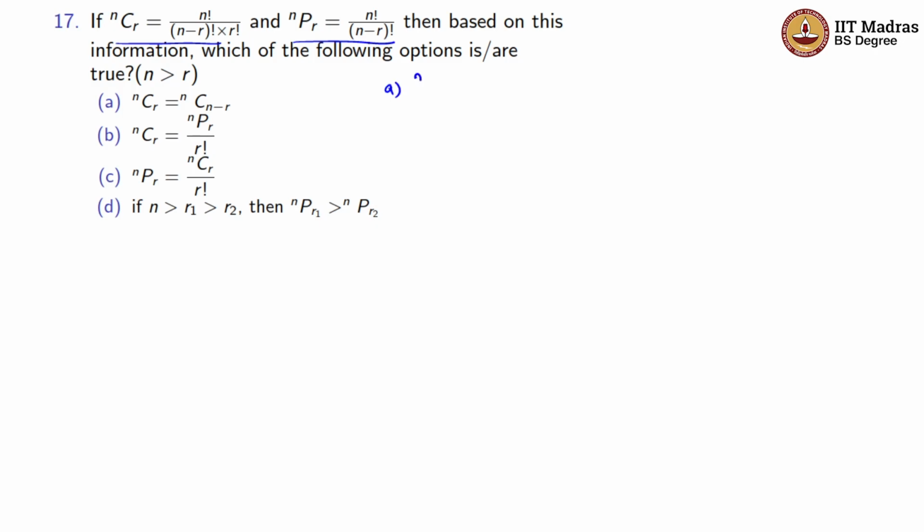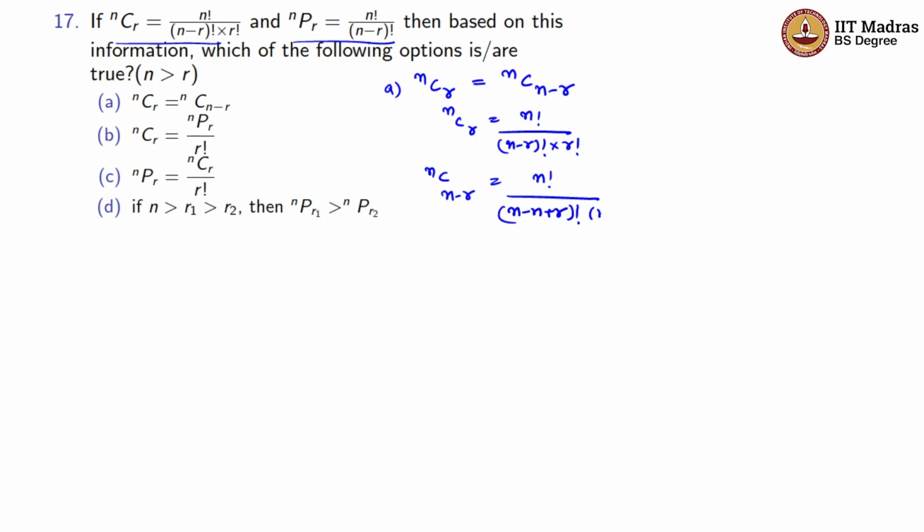let's consider this option. nCr is equal to nC(n minus r), correct? nCr is written as n factorial divided by (n minus r) factorial into r factorial, correct? So nC(n minus r) can be written as n factorial upon (n minus n plus r) factorial into (n minus r) factorial, correct?